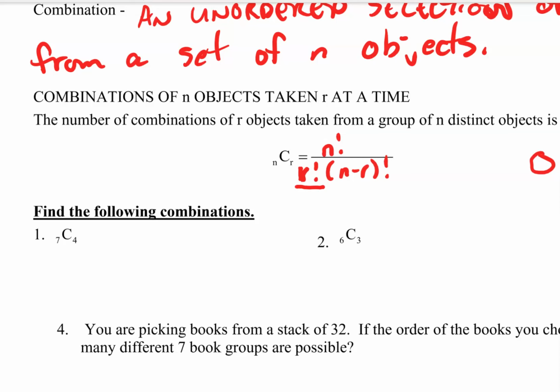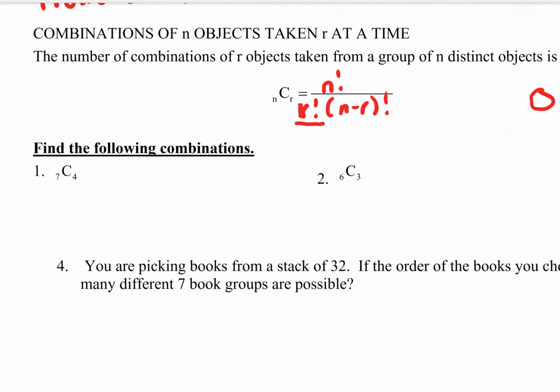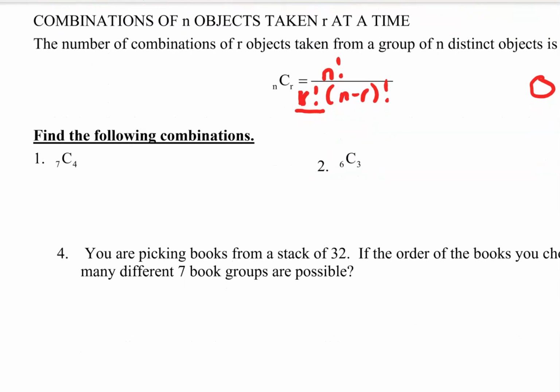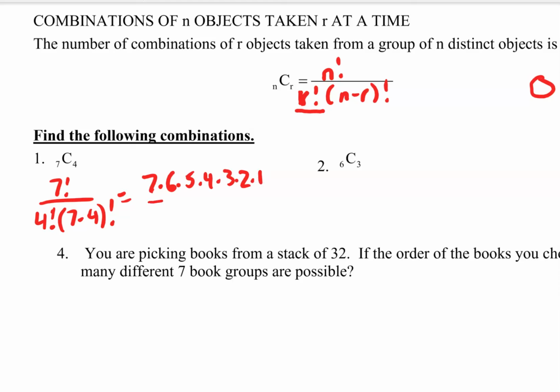So find the following combinations. 7 choose 4. Combination of 7 things taken 4 at a time. This would be 7 factorial divided by 4 factorial times 7 minus 4 factorial. 7 factorial is 7 times 6 times 5 times 4 times 3 times 2 times 1. 4 factorial is 4 times 3 times 2 times 1.